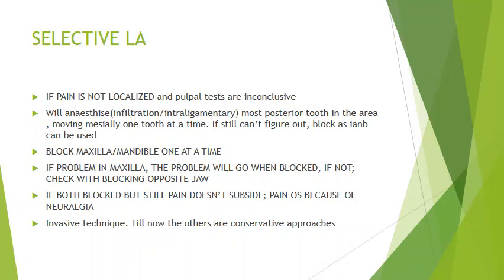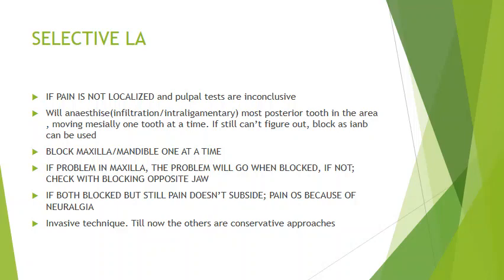The patient cannot specify whether the pain is from the upper jaw or lower jaw, or from which area it is actually happening. So the patient complains of severe pain and we have done the EPT and all other tests, and these are inconclusive. So what happens?